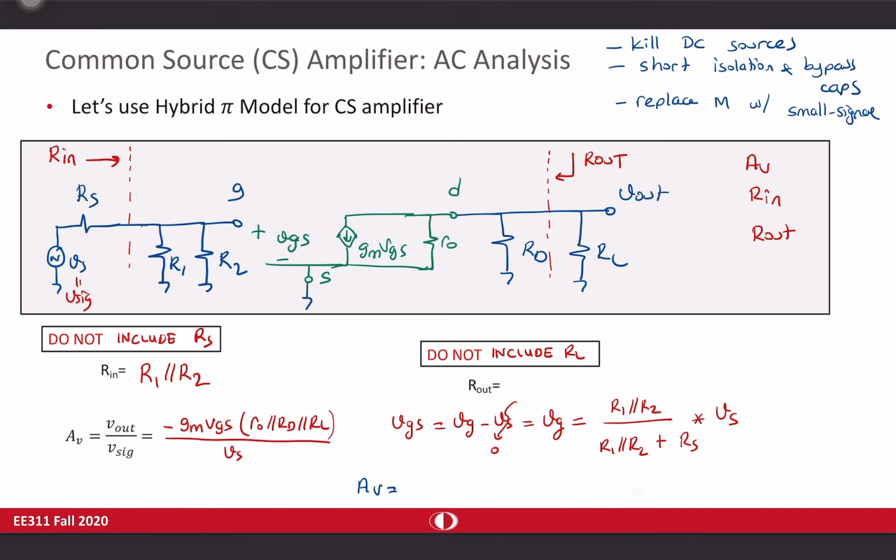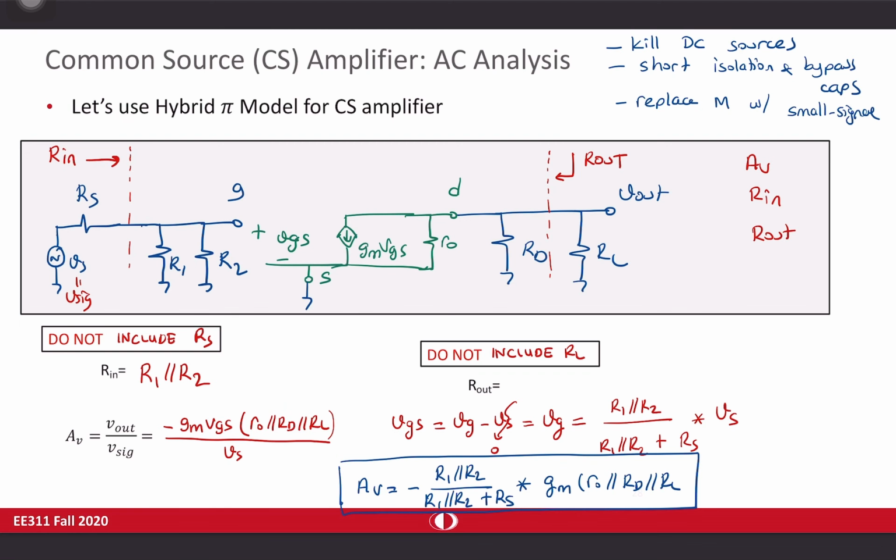AV is equal to minus R1 in parallel with R2 divided by R1 in parallel with R2 plus Rs times Gm R0, RD, and RL in parallel.